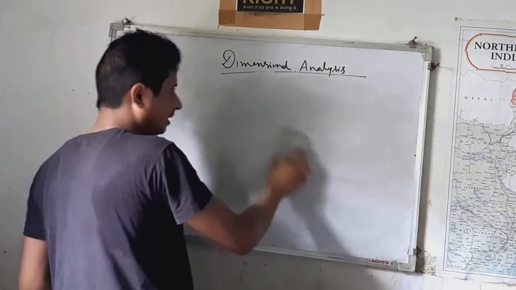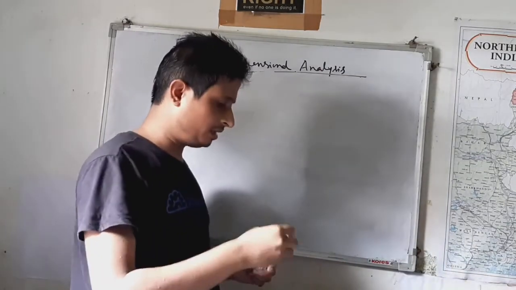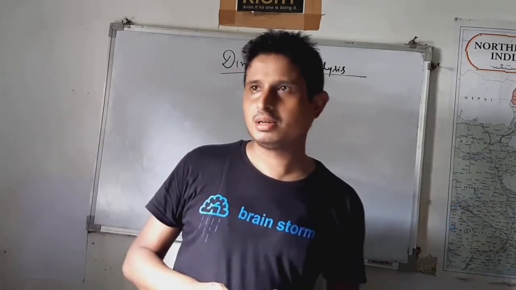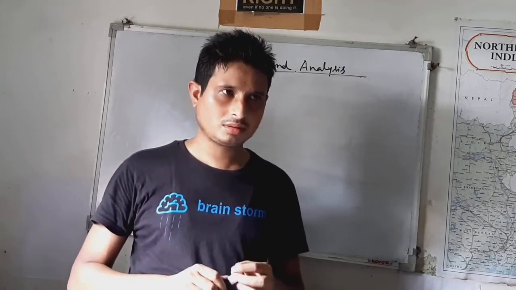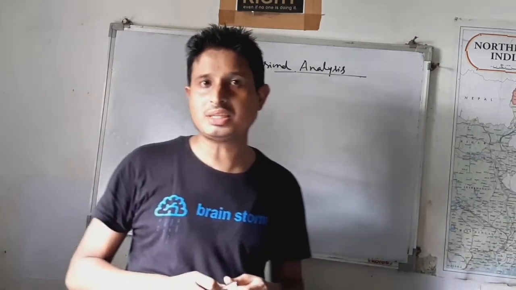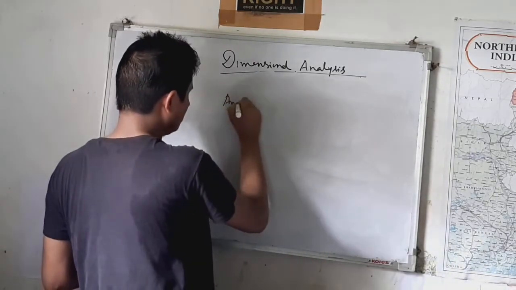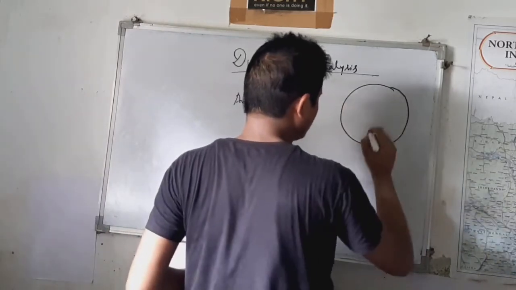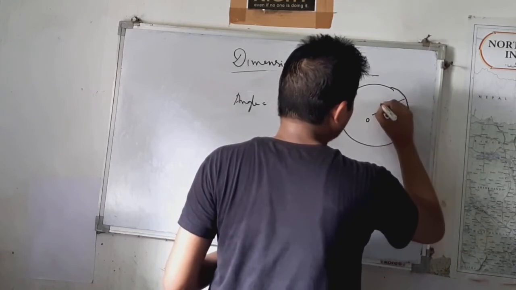However, we have learned different formulas of dimensions for different physical quantities, but some physical quantities or parameters have no dimension. They are dimensionless, just like angle. If we define angle, we consider a circle. O is the center, let R be the radius.